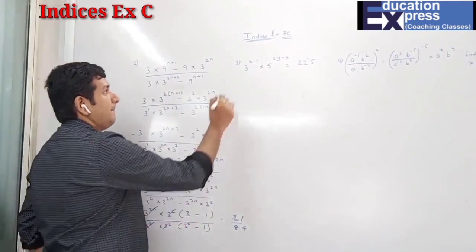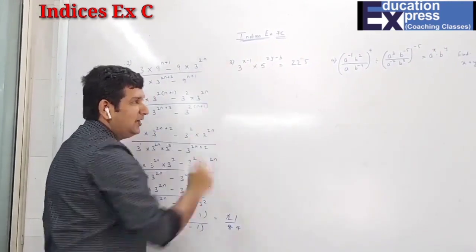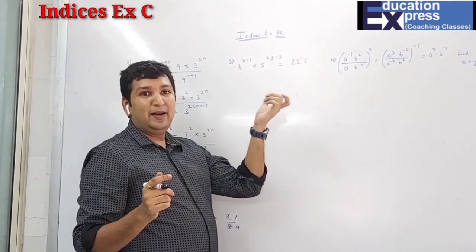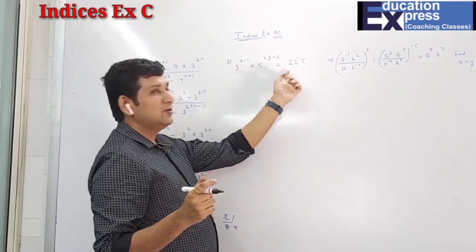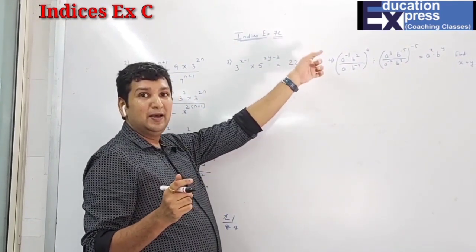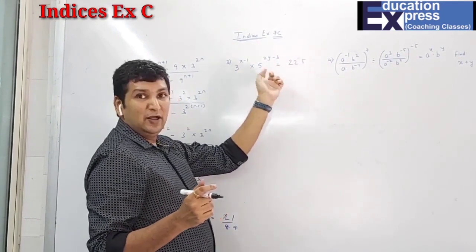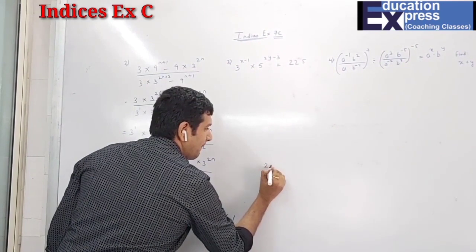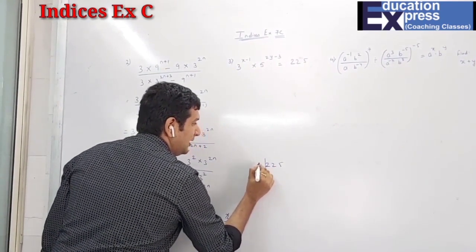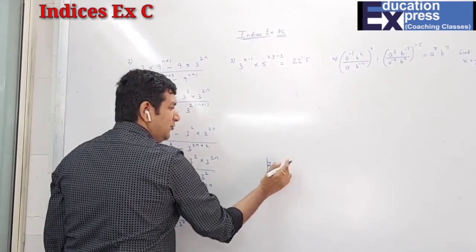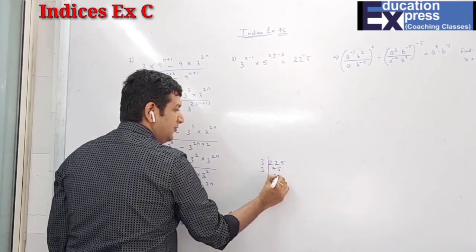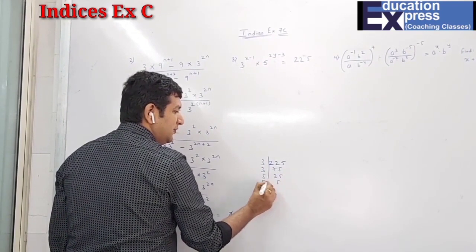Now, here, students, the same thing I have done in exercise B, where it was something with respect to m and n. So m into n equals to m is to x and n is to y. Similarly, here we have 3 and 5. So first what I'll do is, I'll get the factors of 225. So I'll come to know that they are in terms of 3 and 5 only. 3 5s are 15, 3 25s are 75, 5 5s are 25, 5 1s are 5.